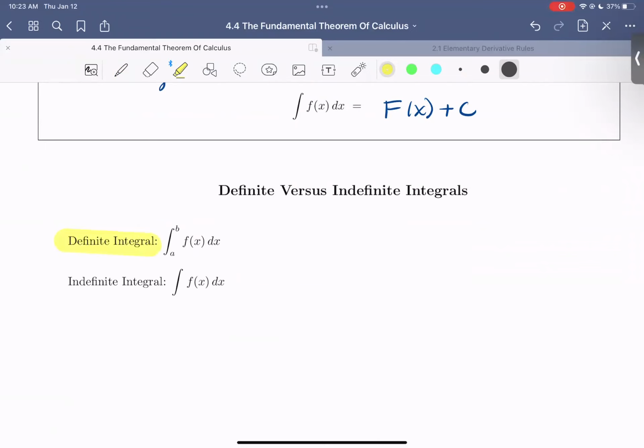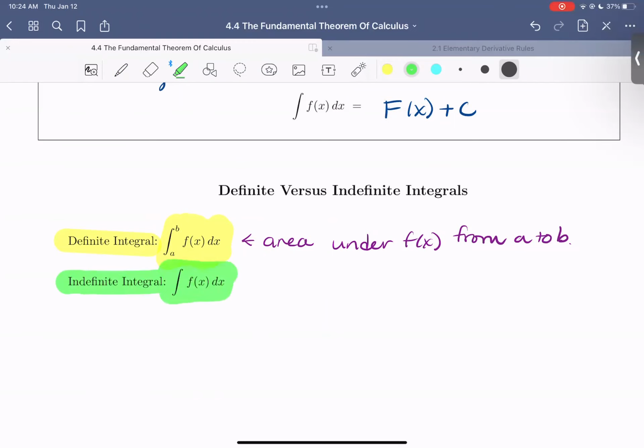We call a definite integral an integral where we have bounds on our integral. This means specifically we are looking for an area under a curve, an area under f of x from a to b. While this new notation we've just seen is called an indefinite integral. And the result of an indefinite integral is the most general antiderivative.